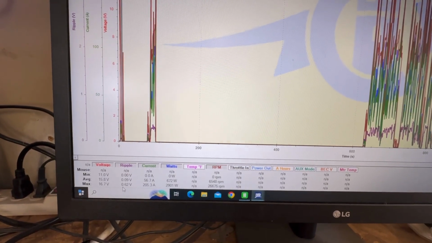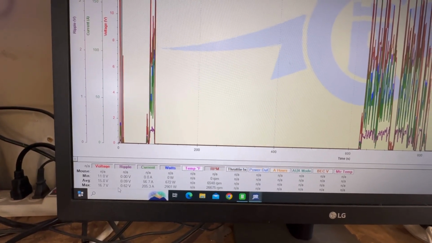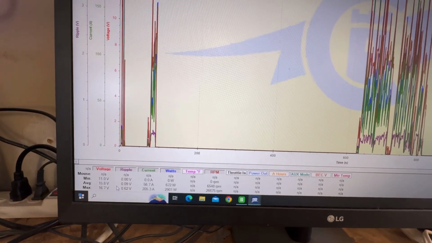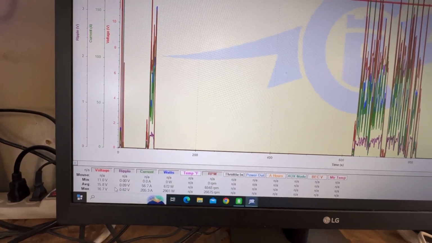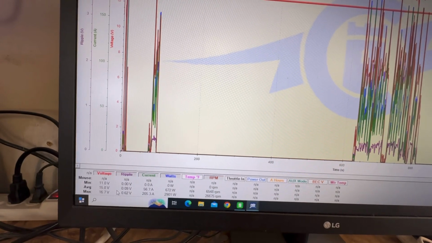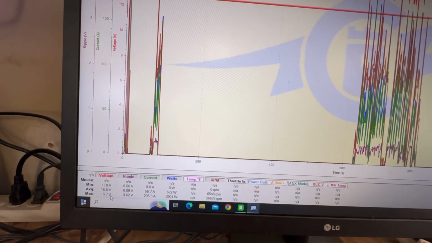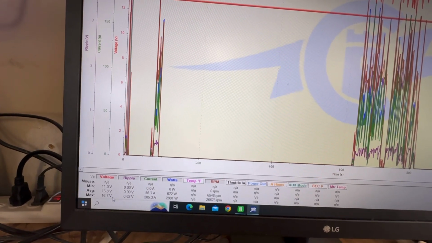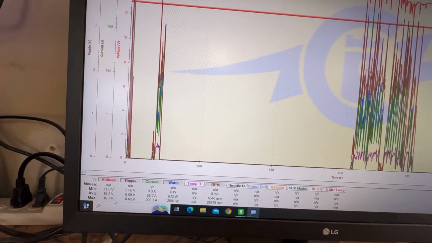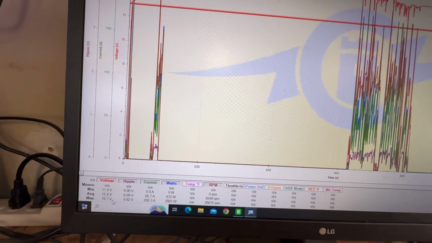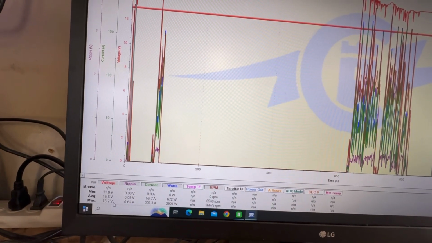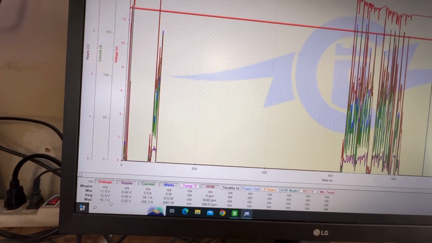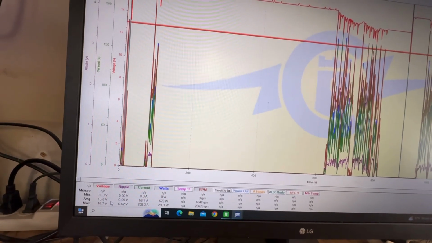Here it's 0.62. So whatever your voltage is, let's take 4S, which is 14.8, or here it's 16.7. Hold on, I'm trying to do math in my head.